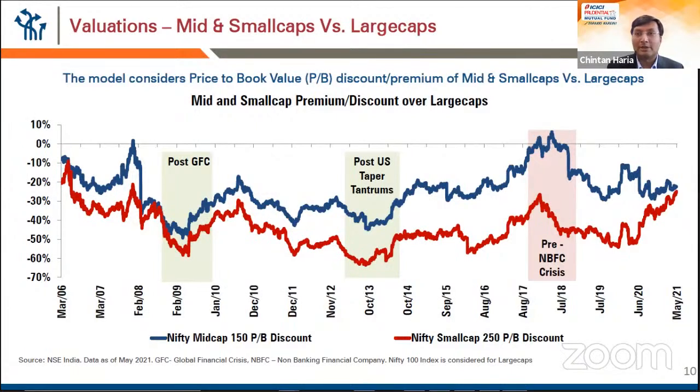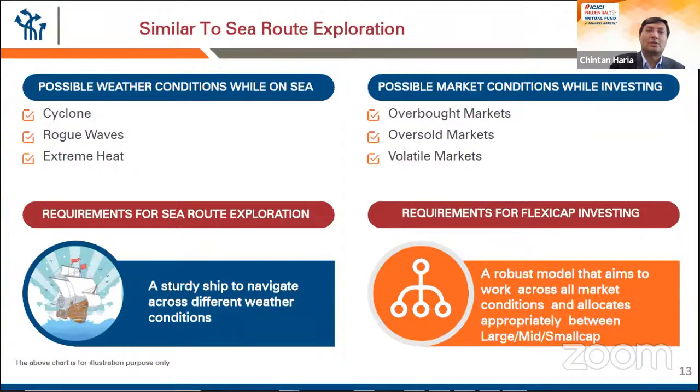And we all know what happened after that. In 2018 also, the blue line had reached its peak. So in both these territories, the model would have told us to reduce, or virtually make zero, the mid cap and small cap allocation. So when the subsequent fall happened, your investments would not have lost out in the mid cap and small cap allocation.